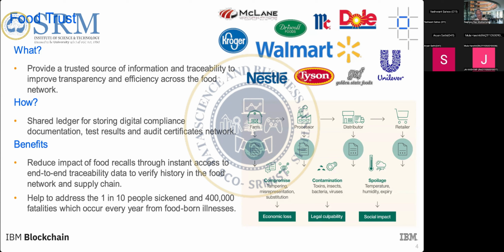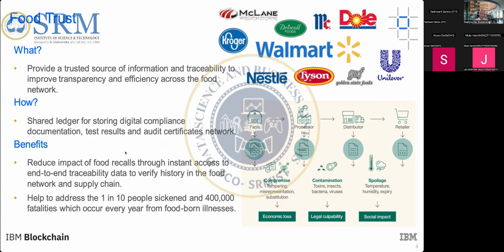They have a pretty wide network and chain of supermarkets, right? They are represented all over the US. So what they did is they teamed up with IBM, and they built a solution for food trust.